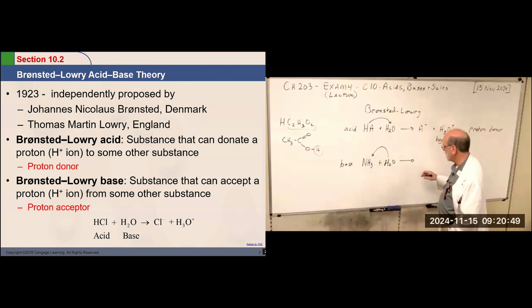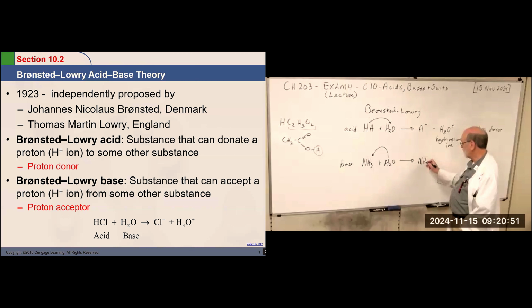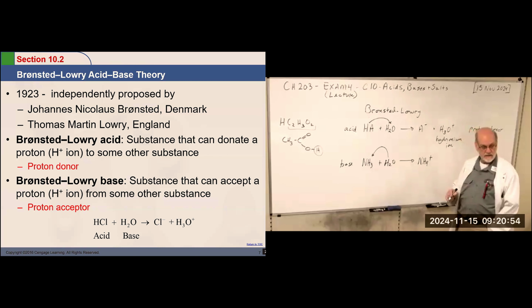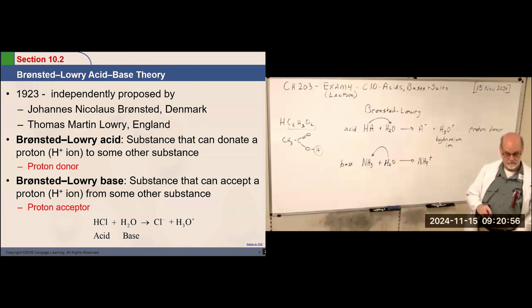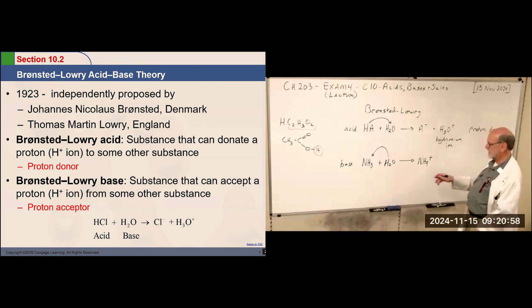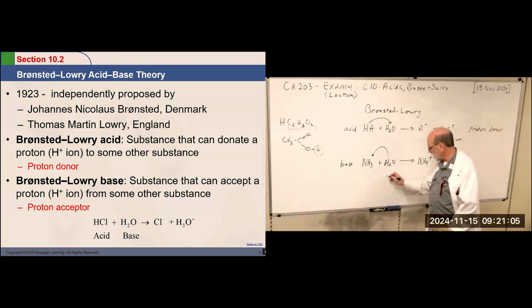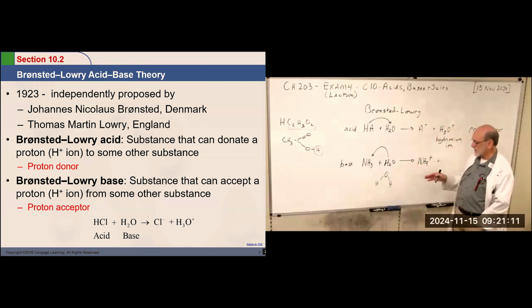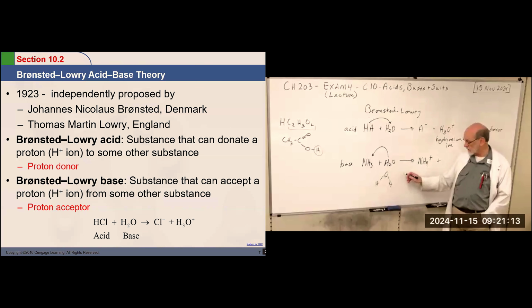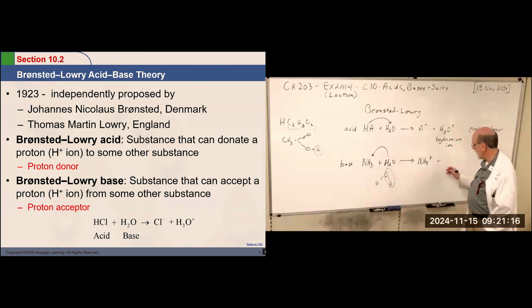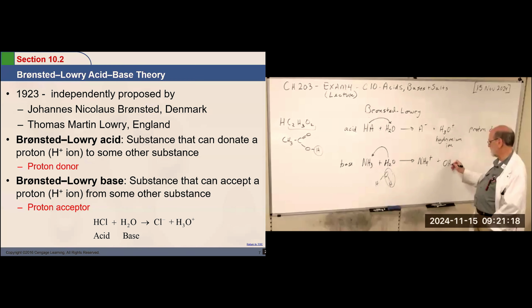Proton goes from there to there. Now we have the polyatomic species, the ammonium ion. Okay? And these are all in aqueous solution. I just didn't draw aqueous in there. What's left over? Well, remember, water's like this. If you take a proton away from it and leave the negative behind, what do you got left over? You have a hydroxyl left over.